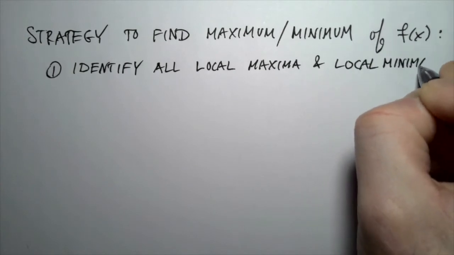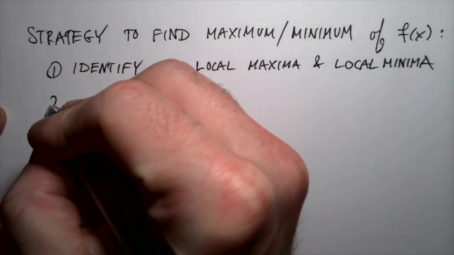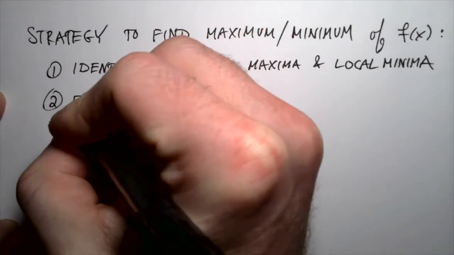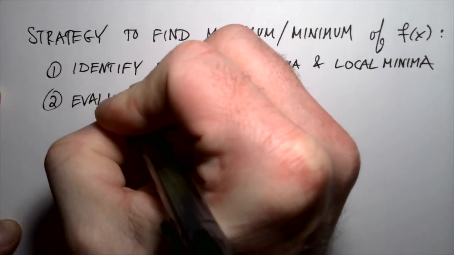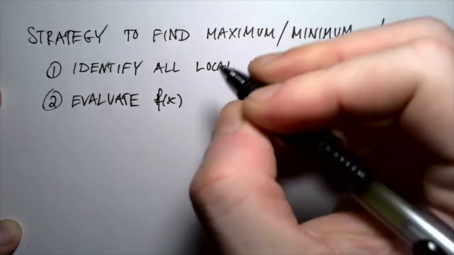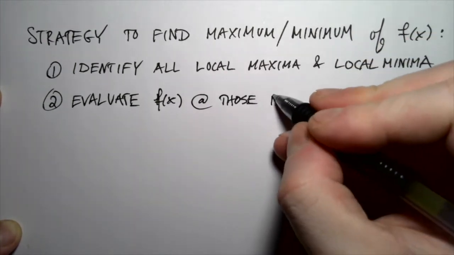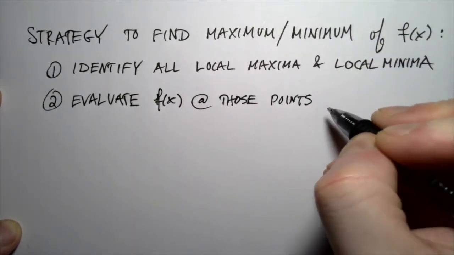As we saw in that picture in the last example, the global maximum and the global minimum will be somewhere amongst the local maxima and the local minima. All right. Now we're going to evaluate the function at those points. So we're going to evaluate f of x at those points at the corresponding x values.